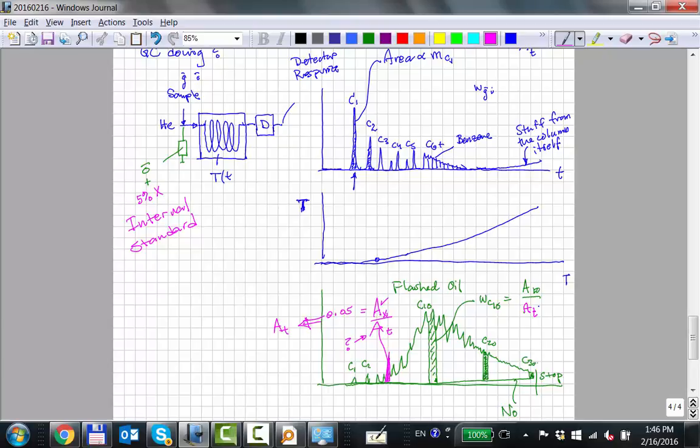So this 5% X, it's physically measured. We make up a sample, so we add it in there. That's right. We've got it on the weight. It's 3.682 grams of flashed oil. We add so many fractions of a gram of X, and then we know that it's that much. Yeah, exactly. So we physically measure that, make it up.